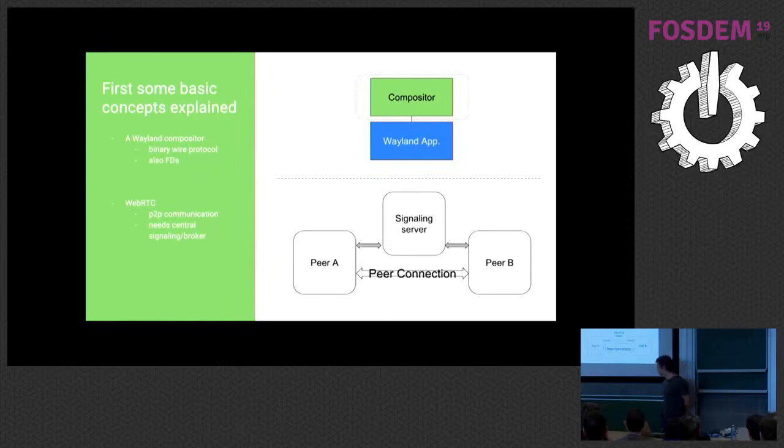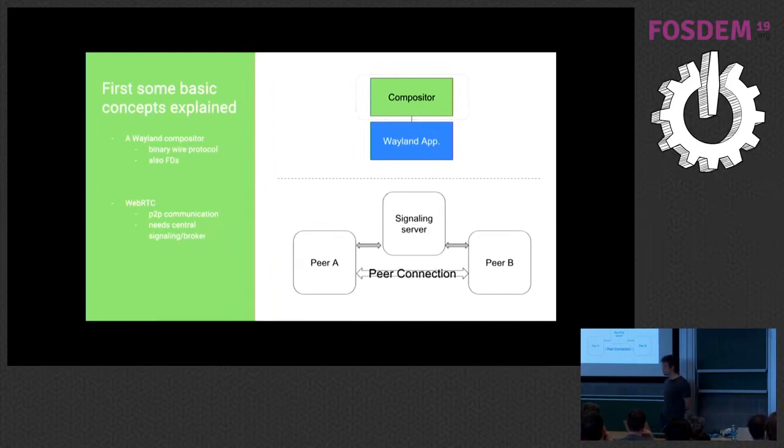They both agree on what would be the ideal form of communication, and next a direct peer-to-peer connection is established. So any further communication between peer A and peer B will be a direct link, and there is no intermediate in between. And this basically allows browsers to directly communicate with each other without the central server interfering.